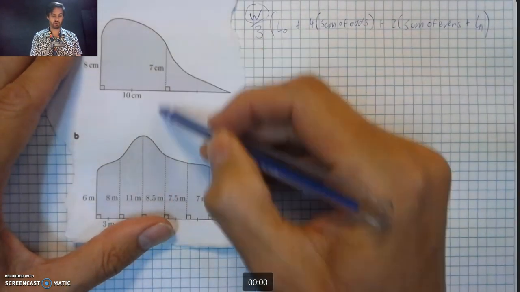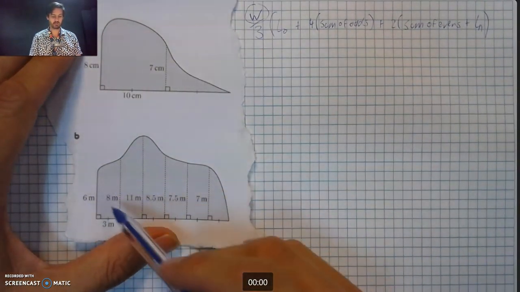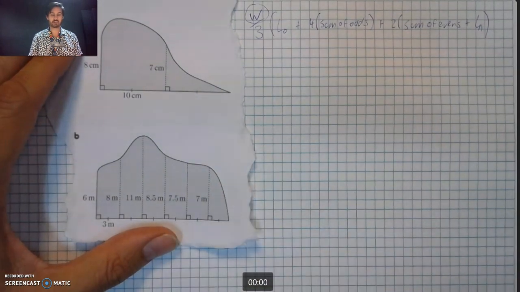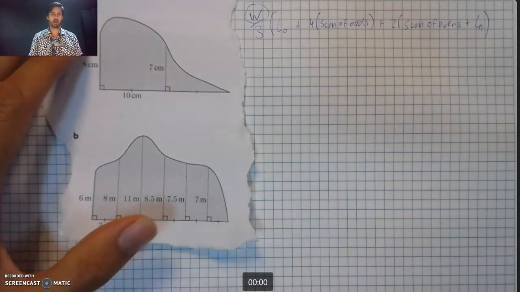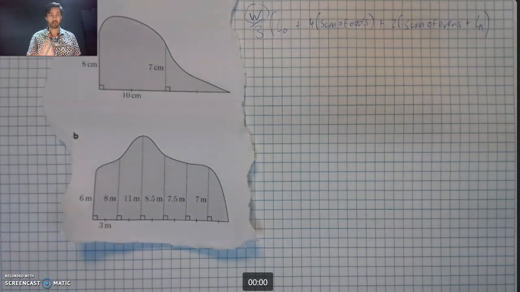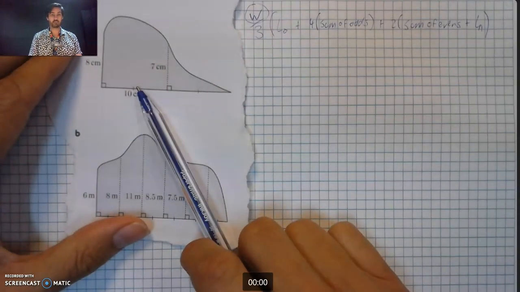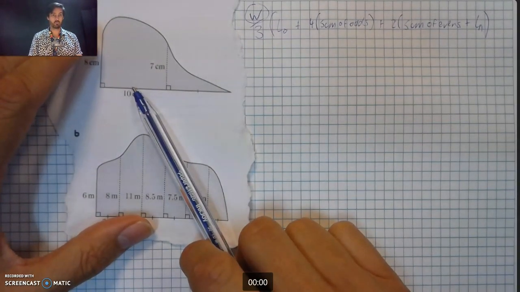Can we see how we've broken it into two sections in this case, and 1, 2, 3, 4, 5, 6 sections in this case down the bottom here. Now, when we are doing Simpson's Rule calculations, we can only estimate the area accurately, it's a bit of an oxymoron, but we can only do the best approximation if we have these segments the same width.